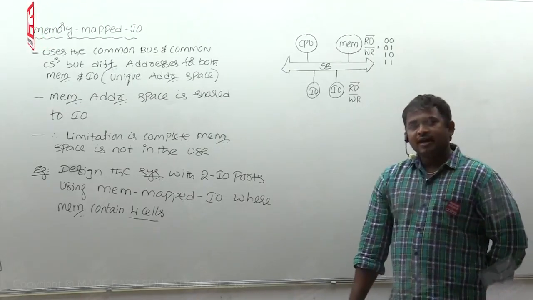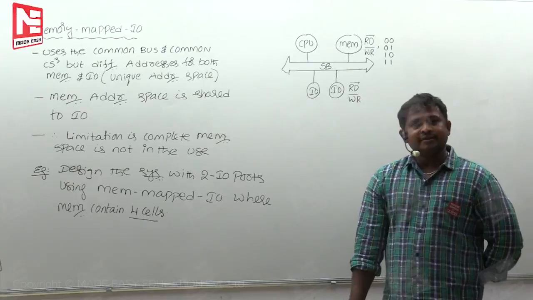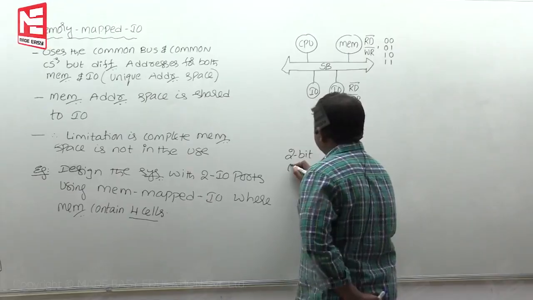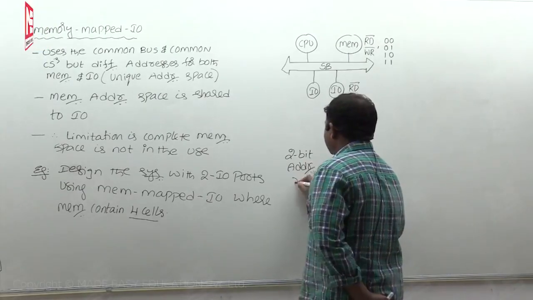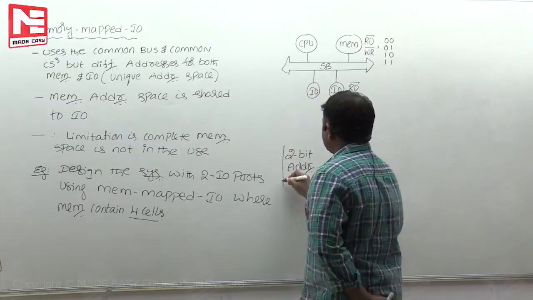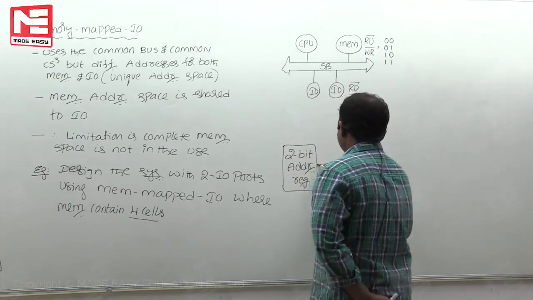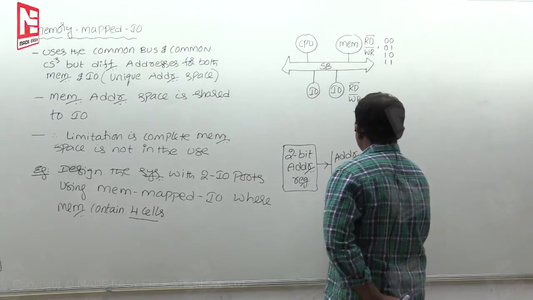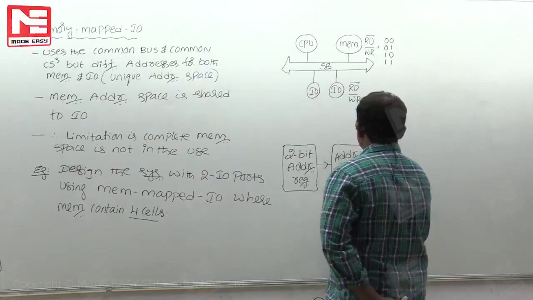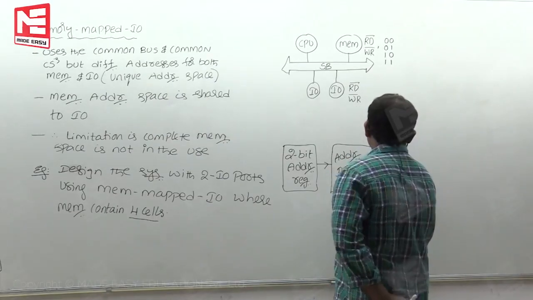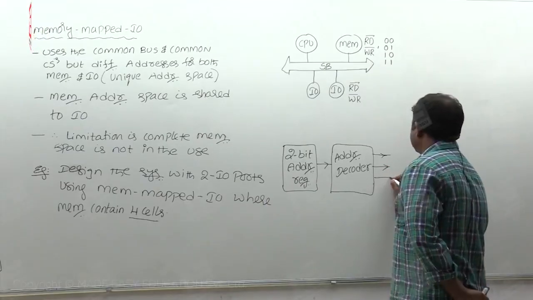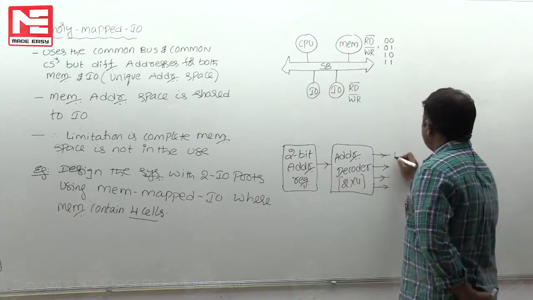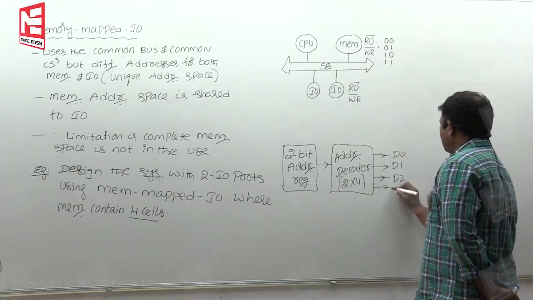4 combinations. At the time of implementing the system design, take the main memory address, here a 2-bit main memory address. This 2-bit address register is connected to an address decoder. Right? Now the decoder produces 4 signals: D0, D1, D2, D3.